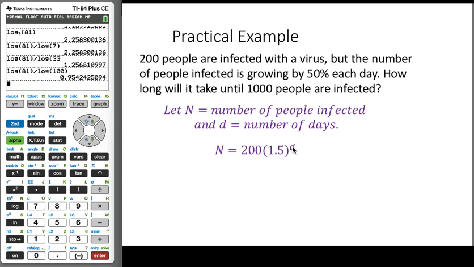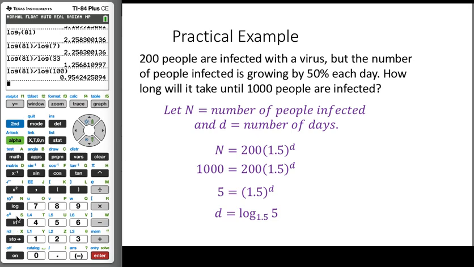Okay, so we want to know when n will be 1,000. 1,000 divided by 200 is 5. So to find d, I've got to take the log of both sides, and it'll be log base 1.5 of 5.